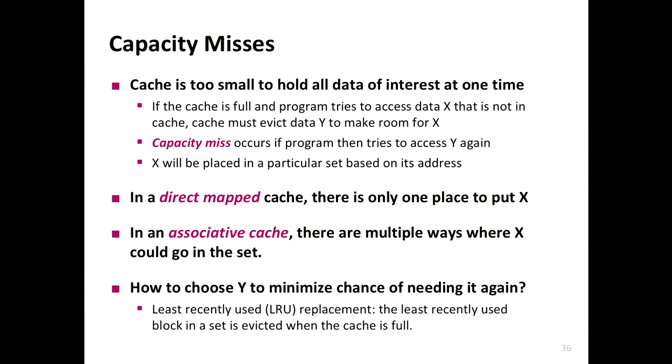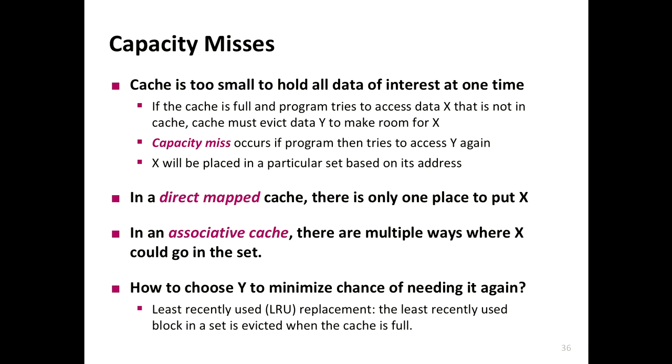You have to replace something, and you have to have a specific way in which you replace. In a direct mapped cache, this is simple, because you only have one place where a specific address can go. You have to replace it, no other option. So it's easier.